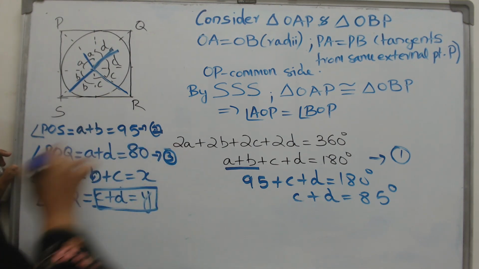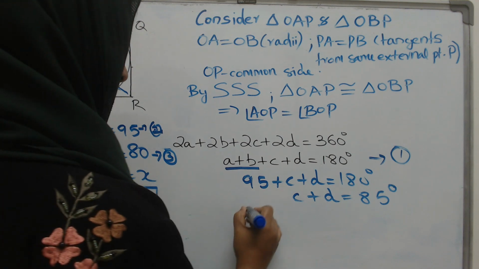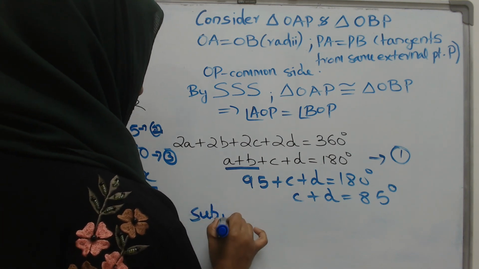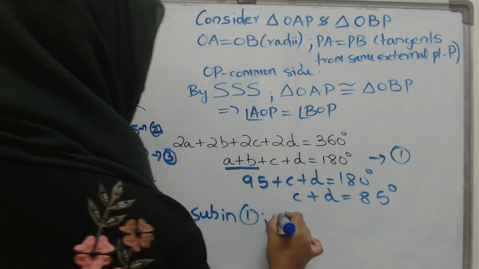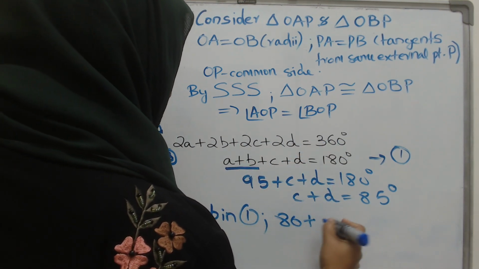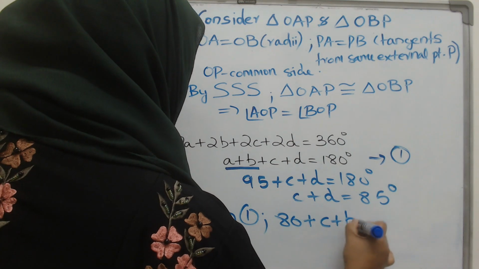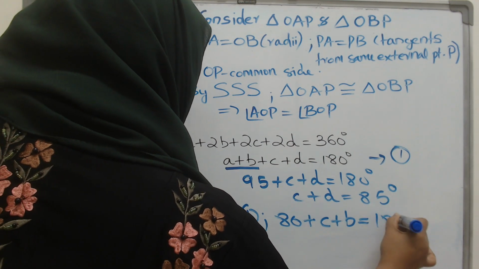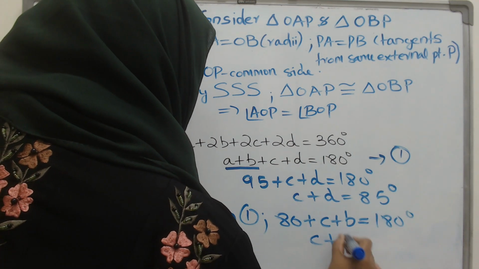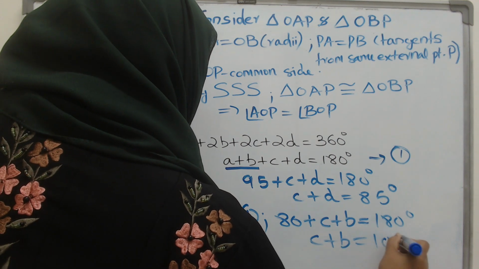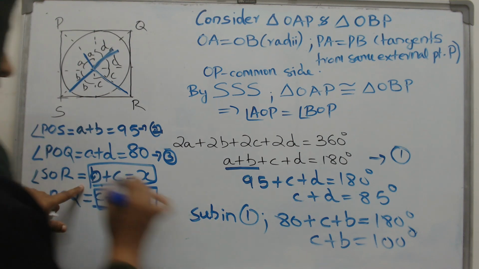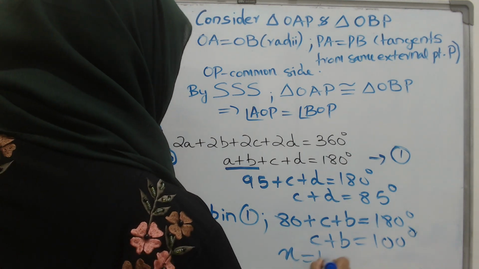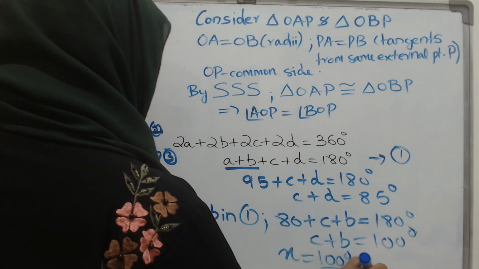I will name this 3. If A plus D is 80, substituting in 1, what is left? C plus B is left. That is equal to 180 degrees minus 80, which means C plus B is 100 degrees. But then what is C plus B? There it is X. So you have X is equal to 100 degrees.